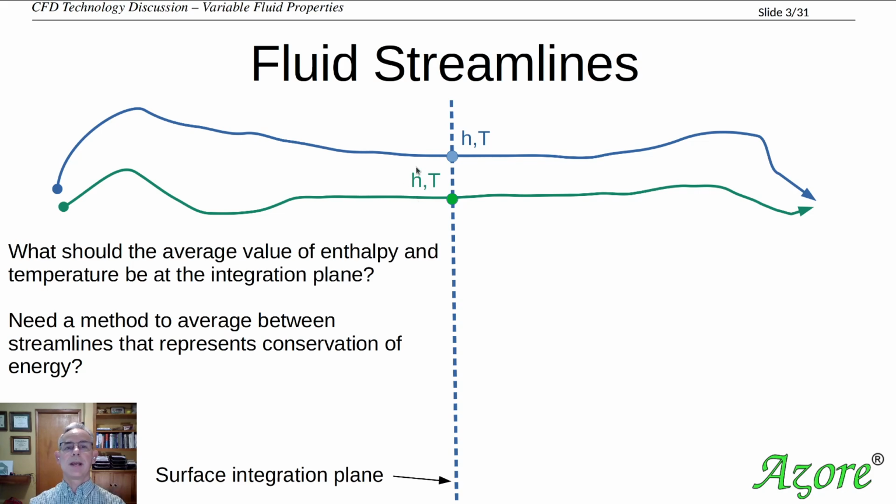And so now we have two enthalpy levels and two temperatures, but if we group this together and we want to evaluate it as one system, we would like to know the equivalent energy level and a representative temperature there. So we need an integration method that allows us to evaluate this system and all of the changes that happen between where this system starts and our integration plane, and give us an average value that represents conservation of energy.